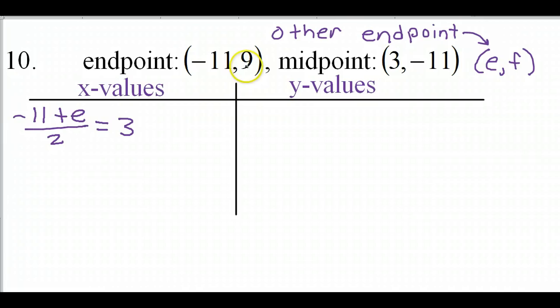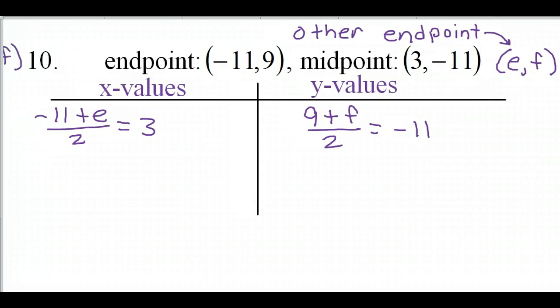Y values: the average of 9 and f should equal -11. So 9 plus f divided by 2 should equal -11. So this is what must be solved.